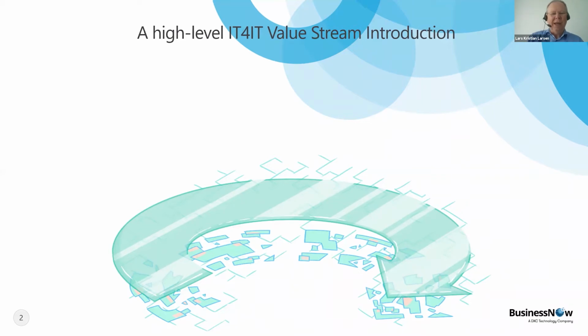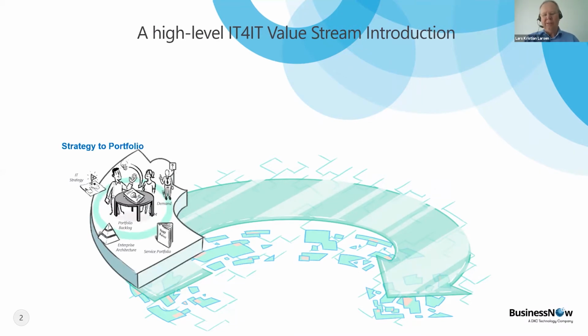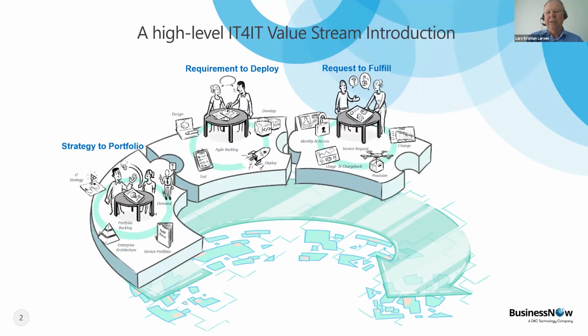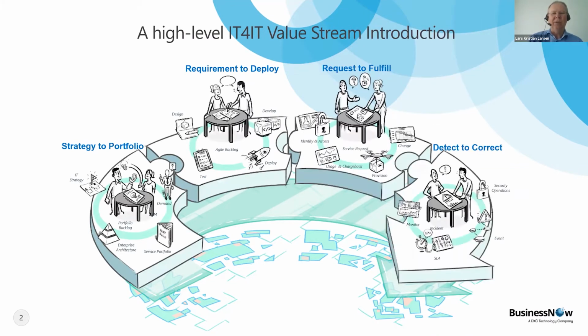But at the end of the day, we have 4 areas that we need to look into to make sure that we actually have a value stream of delivering services to the business. So the 4 areas of the value stream in IT4IT: we have the strategy part, a situation where we need to acknowledge and be aware that everything we do in the IT department and in the business is giving the business the services that they need.